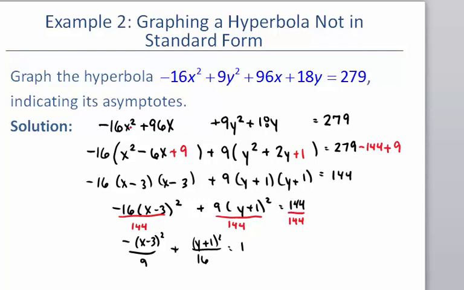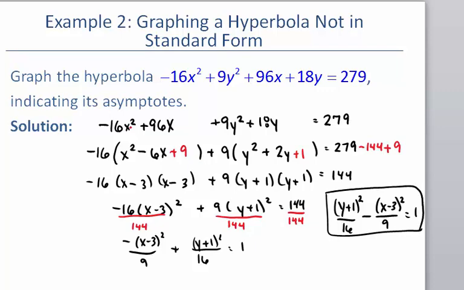And 144 over 144 is equal to 1. Now, because I'm leading with my subtraction here, I'm going to turn this around. I'm going to put the y term first. And so my standard form is going to look like (y plus 1) squared over 16 minus (x minus 3) squared over 9 is equal to 1. And this will be the standard form for my hyperbola.